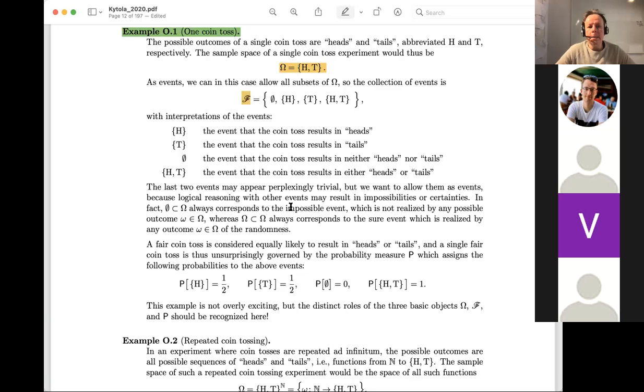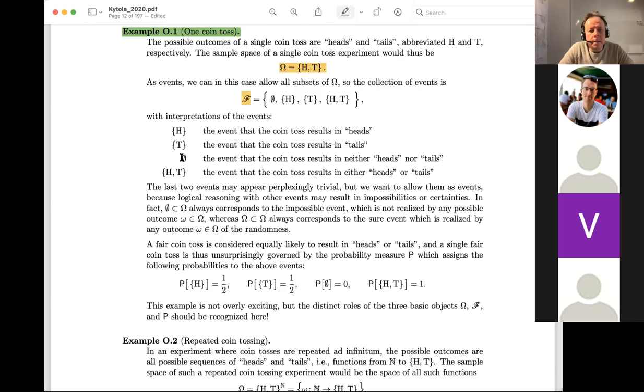And the sigma algebra, or no, yes, as events, so we don't yet define what the sigma algebra is, but we say that the space of events will be defined as the collection where we have the empty set, the set with one element H, the set with one element T, and then the set with two elements H and T. And why do we need all of these four things?